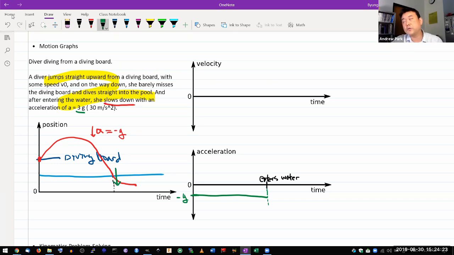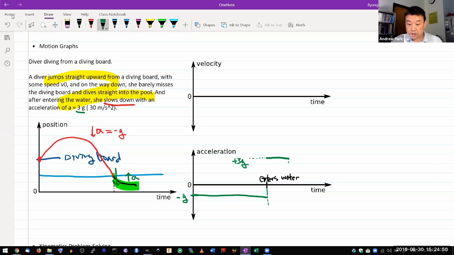So in order for her to slow down, the acceleration must be upward. You can see that represented here in the upward curving position curve. And it's in this acceleration graph that you would make it clear that after the diver enters water, she undergoes an upward acceleration of plus 3g.